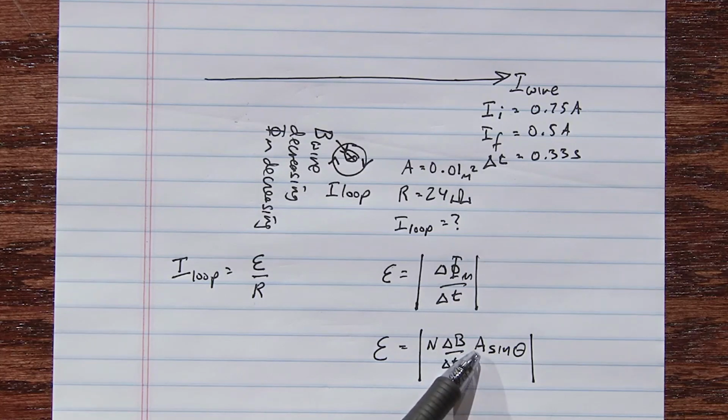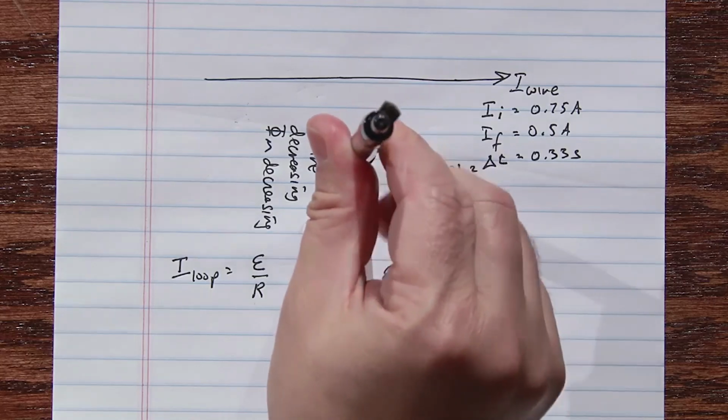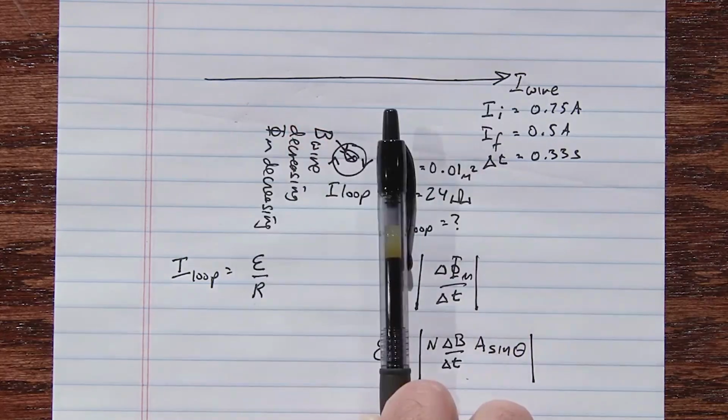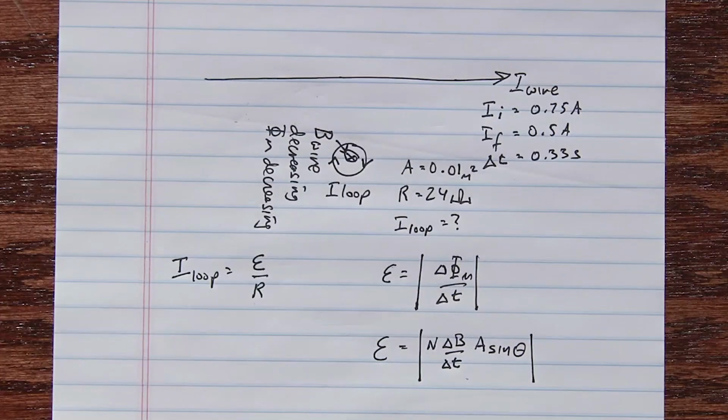The area of the loop we're given. And the angle between the magnetic field, which is into the page, and the plane of the loop, which is the plane of the page, is 90 degrees.